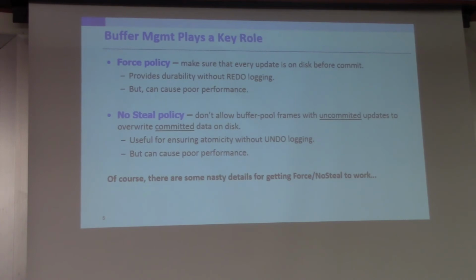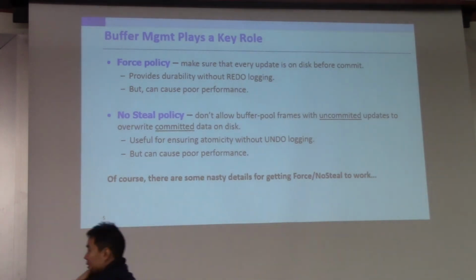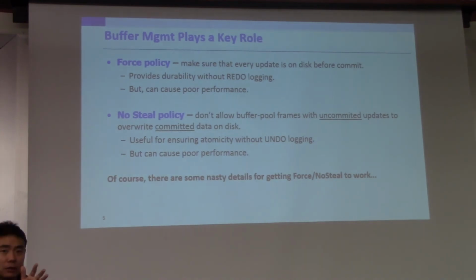To understand this, we need to understand how the buffer works. So the buffer plays a key role in our discussion. There are two policies we can talk about. One is called the force policy. The force policy says you want to make sure that every update is on disk before commit.